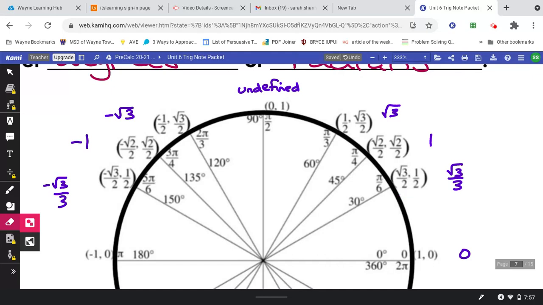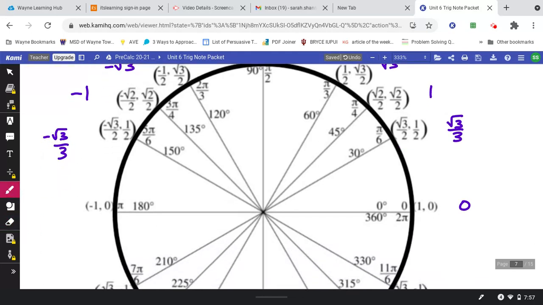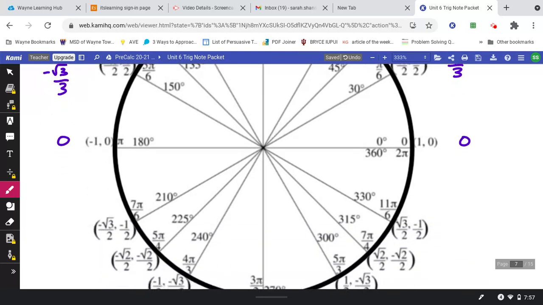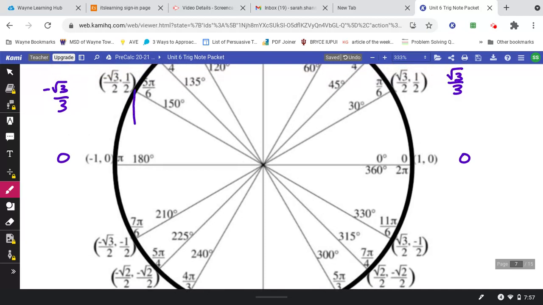All right, we'll continue this pattern. Moving now numbers up and down, I can move that 0 straight across. There's no negative 0, so that won't change. And then down here, again, notice this point is the exact same as that. I have 2 negatives this time when I divide, 1, 2, so that'll give me a positive radical 3 over 3.